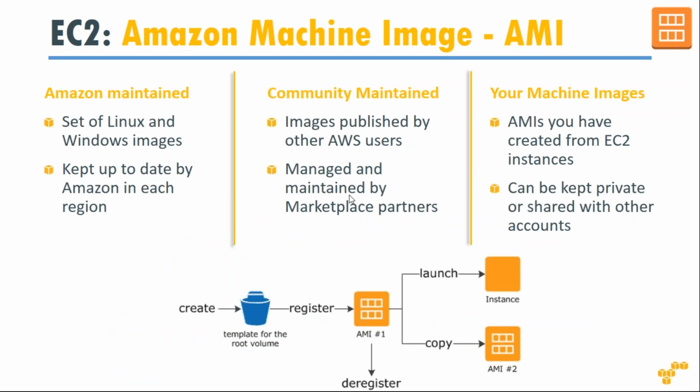There are three types of AMIs available in Amazon. First are the Amazon-maintained AMIs. Amazon itself pre-configures those Linux and Windows instances, patches them up, and gives you the latest patches and security updates in those AMIs. Then we have the community-based AMIs.